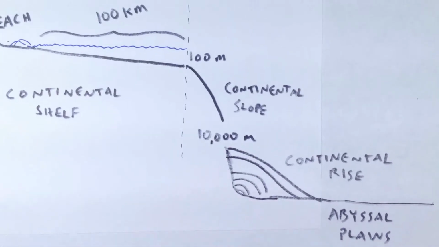Okay, so the Abyssal Plains are blanketed by thick accumulations of fine mud. They are the flattest places on the earth. And they can have deep sea trenches in them as well. So let me see if I can move this illustration over a bit and give you a trench also.